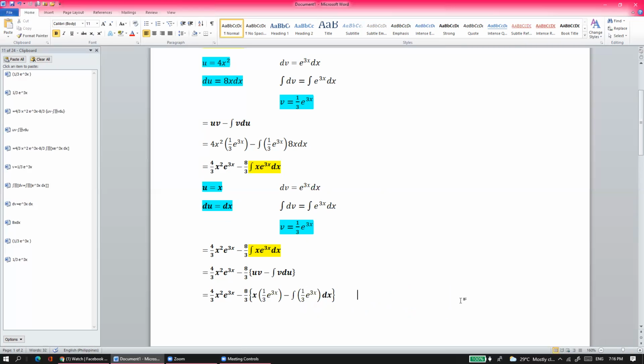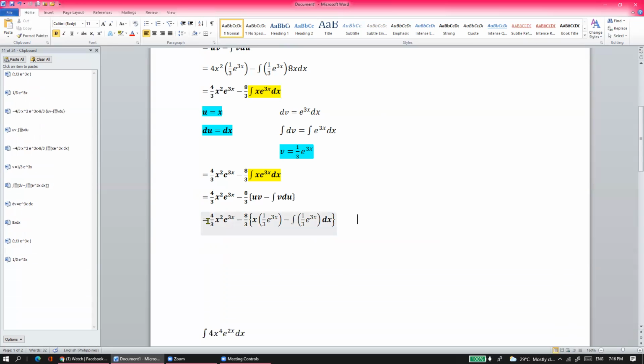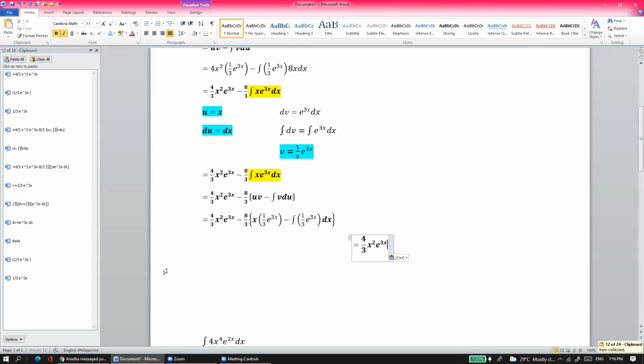Now in this case, simplify natin yung ating given equation. Yung ating answer. So dito sa una, pare-retain lang yan. So we'll just retain this. But when it comes to the second term, yung highlight kong yan, negative 8/3 times 1/3, I think this is negative 8/9.